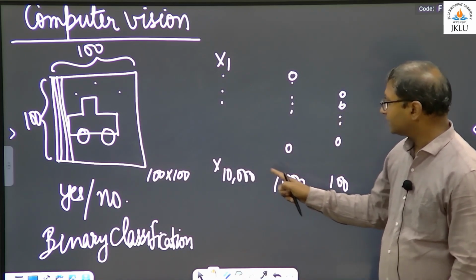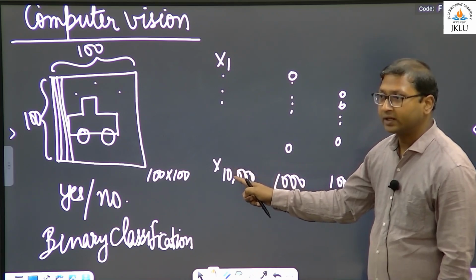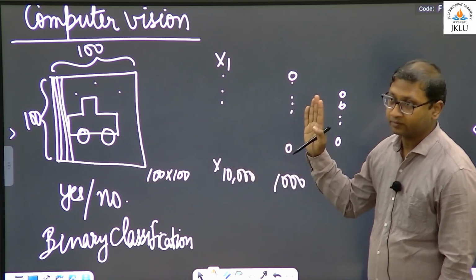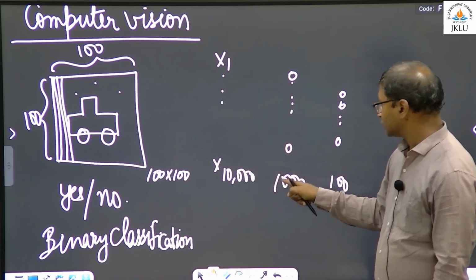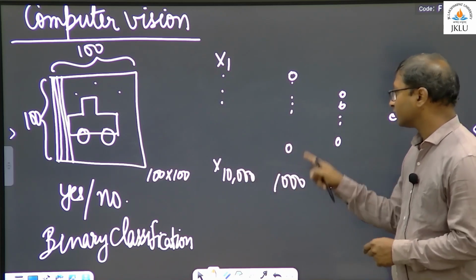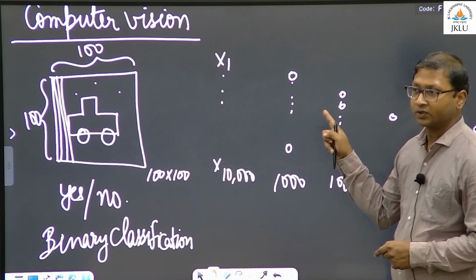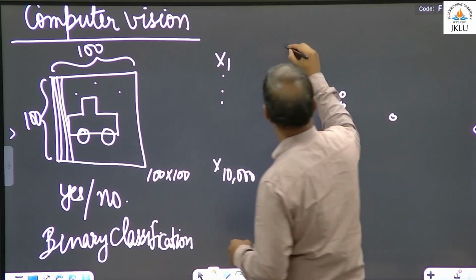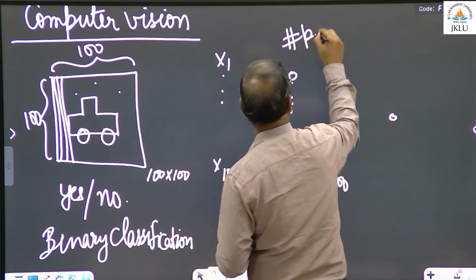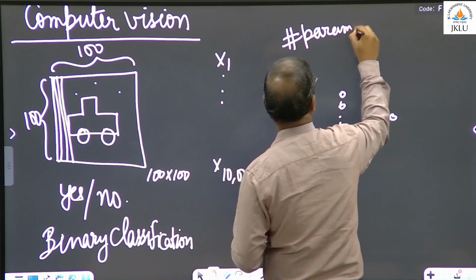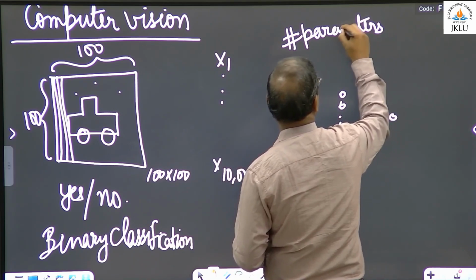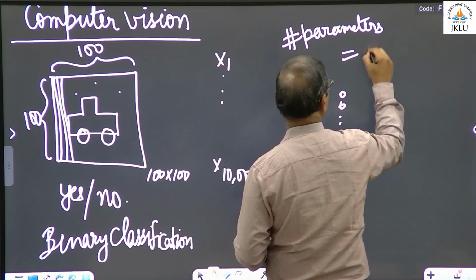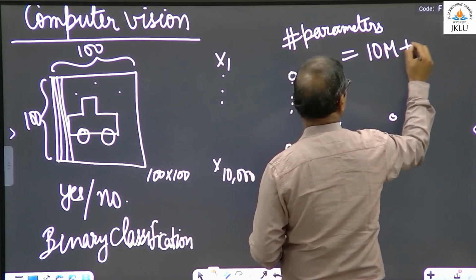So 1000 into 10k gives me 10 million already, right? So 10 million plus 1 lakh, right? So already the number of parameters is 10 million plus.